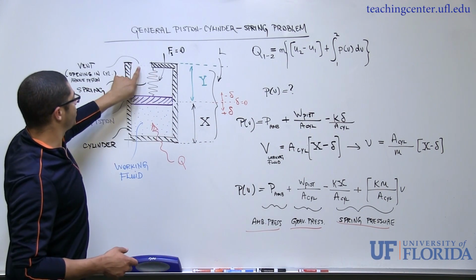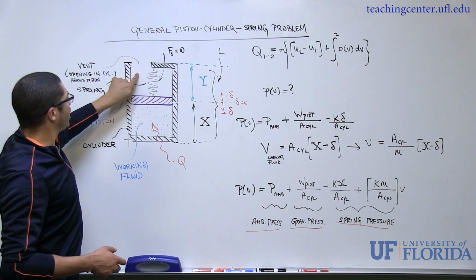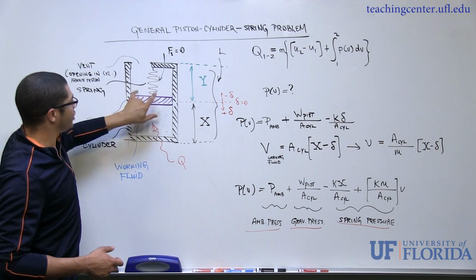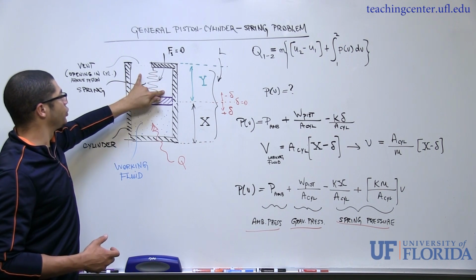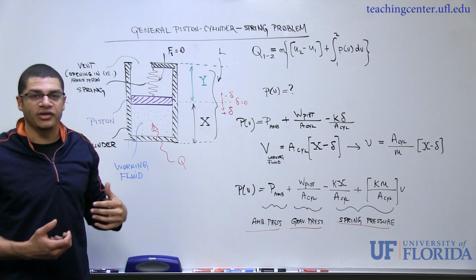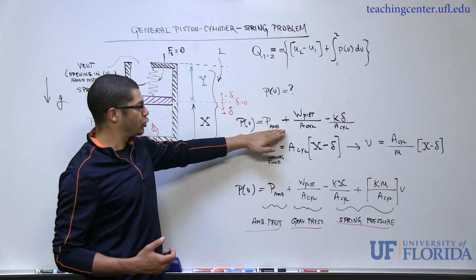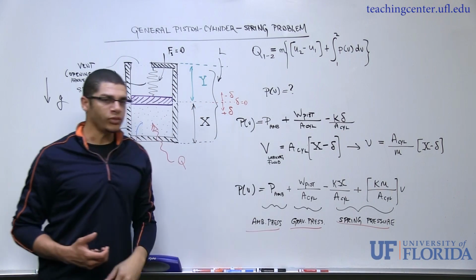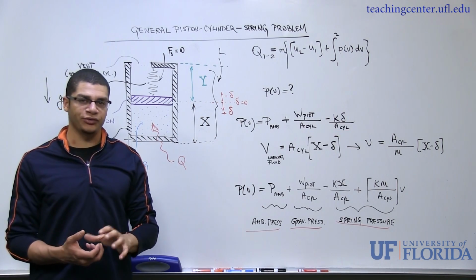I also said that this particular assembly is vented to ambient conditions. So ambient fluid is actually allowed, the gas is allowed to fill this chamber, and whatever ambient pressure may be is also impressing itself on the working fluid. So I've included that pressure here as well. And there's only one more term, and that's associated with the spring and the spring's force.